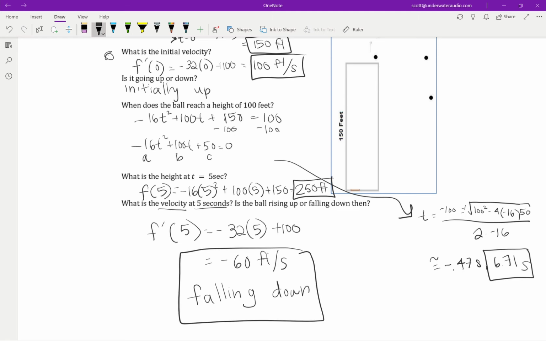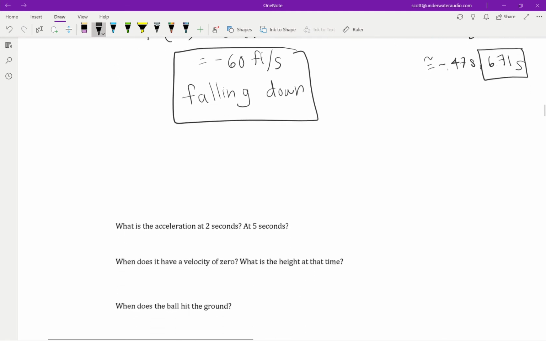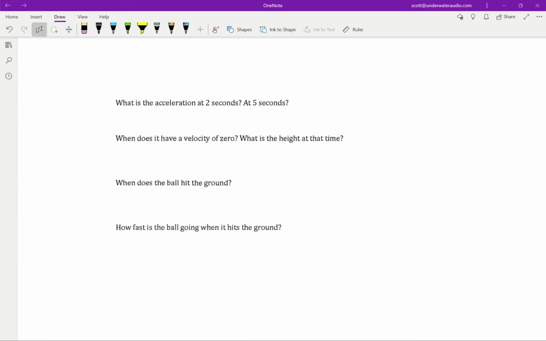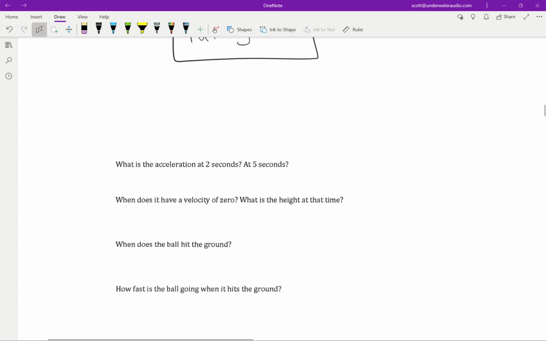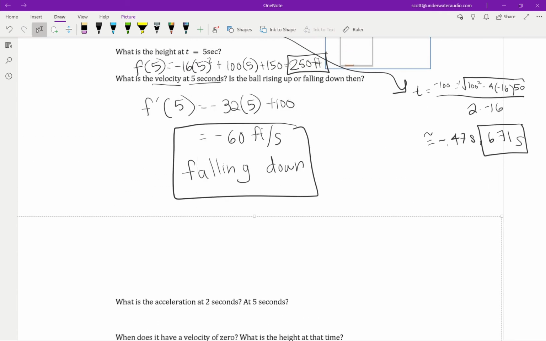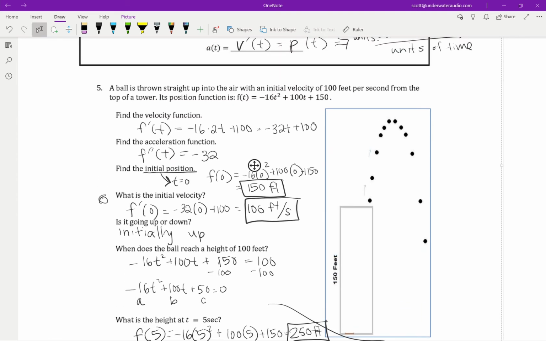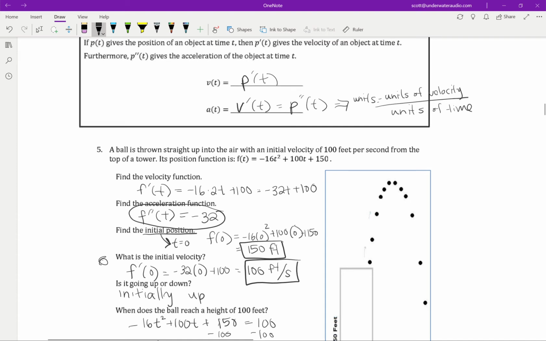Cool. So I think that's the last question. Oh, no, there's more. Okay, what is the acceleration at 2 seconds and then at 5 seconds? So I'll have to figure out what our acceleration equation is. The acceleration function is constant. That's just negative 32. But we need units.